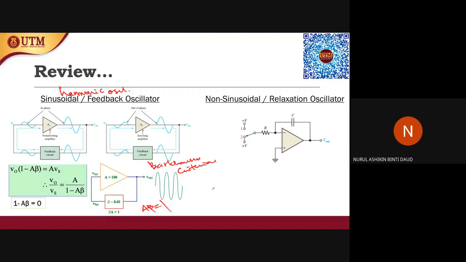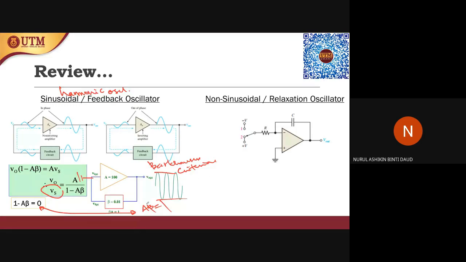We can also say that there is a source here, which is usually a DC source, Vs, and Vs(1 minus A beta) should be equal to 0. These are both the Barkhausen criteria to sustain the output signal waveform. It will maintain the amplitude and the frequency as well.